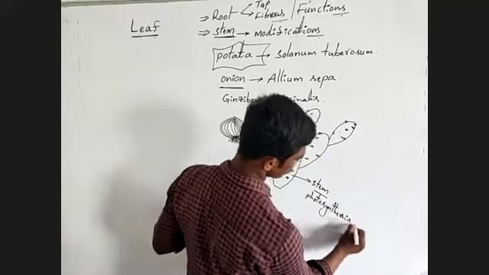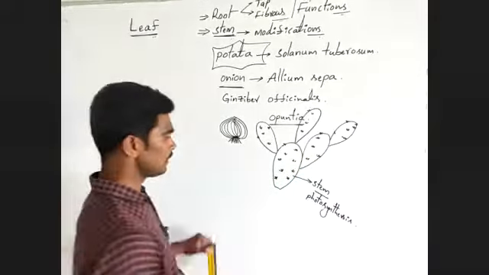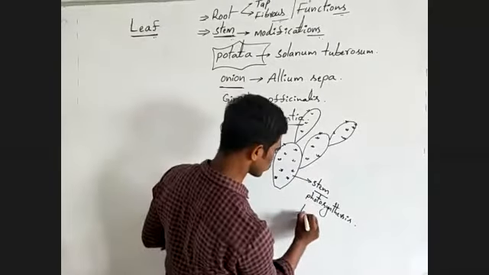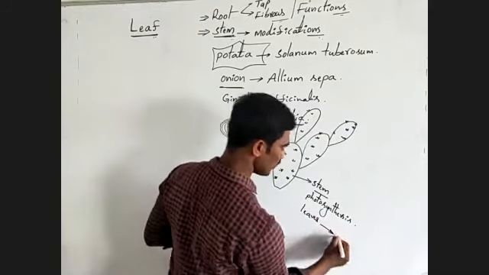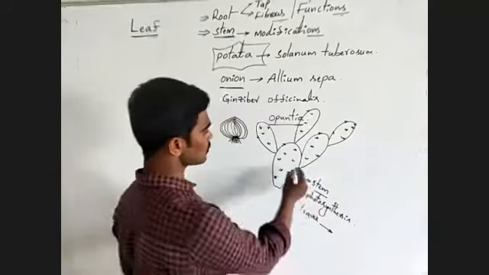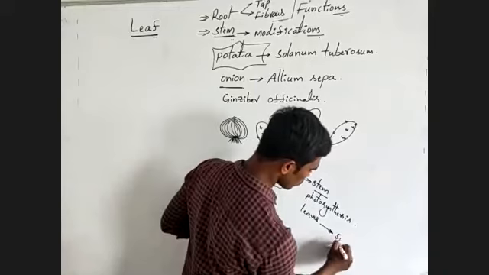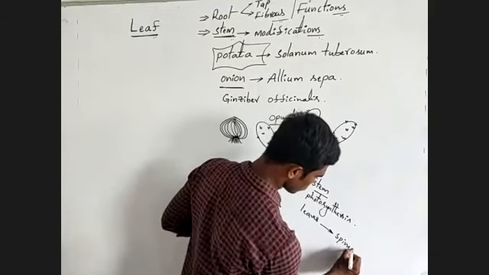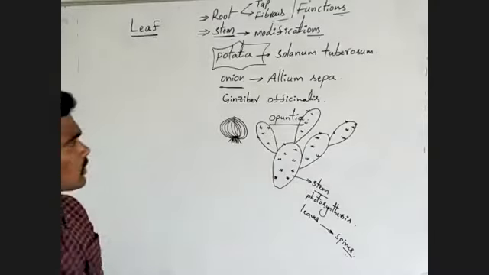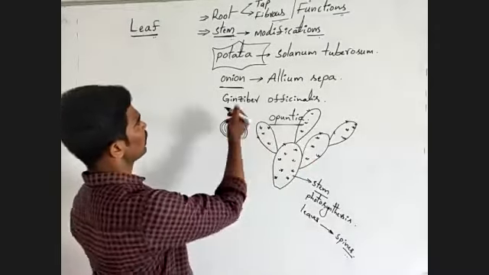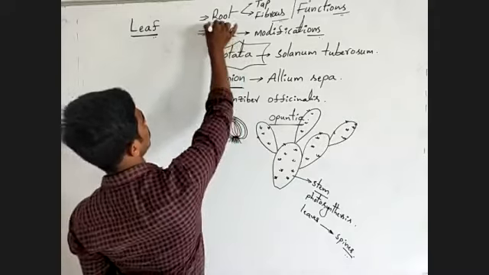Here leaves are reduced into spines. Understanding? Observe. Here stem is modified like this.